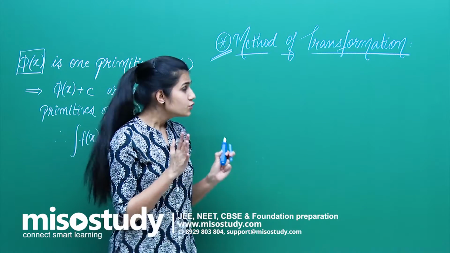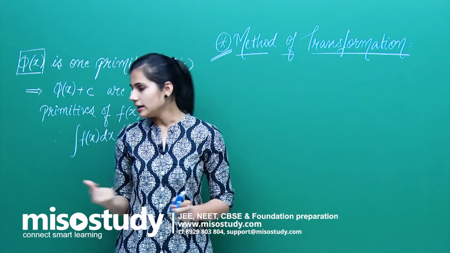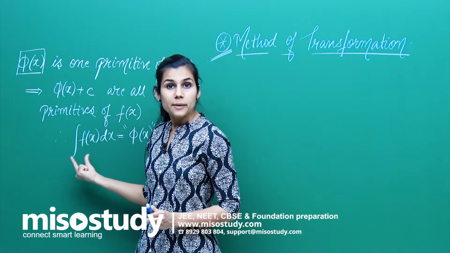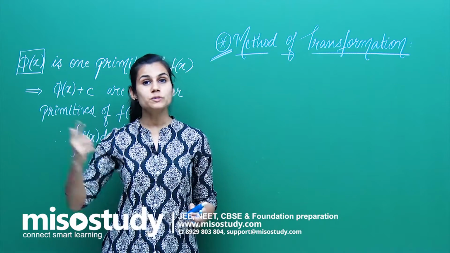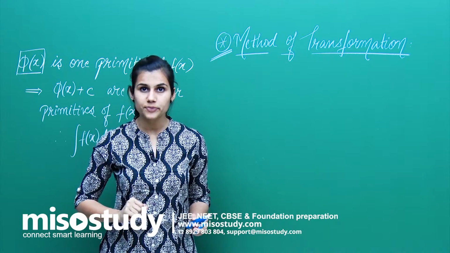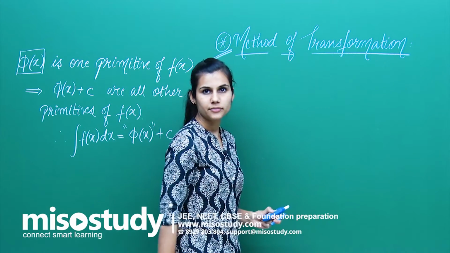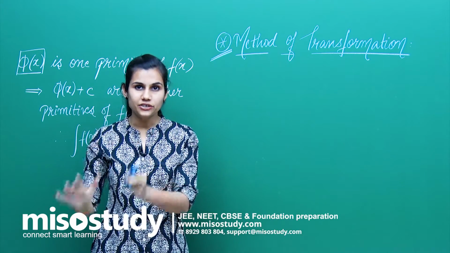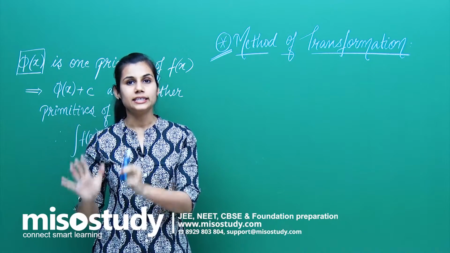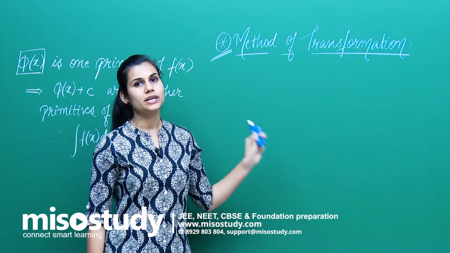Many a times, the integrand is not in the standard form so that I can use my standard integration formulas. So, I transform my integrand to the integrand which sits in my standard integration formulas and then use them to get the answer.